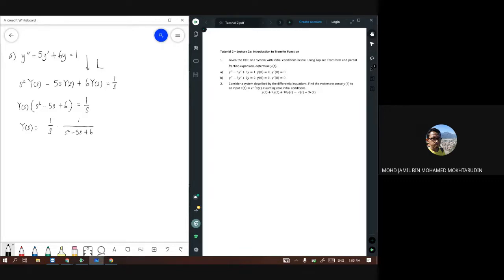Okay, now you need to use partial fraction expansion. So first thing you need to do is you need to factorize this. Okay, so you get 1 over s multiplied by (s minus 3)(s minus 2). Okay, boleh check balik. Betul tak? So you get s squared minus 3s minus 2s plus 6. Okay, it's the same.